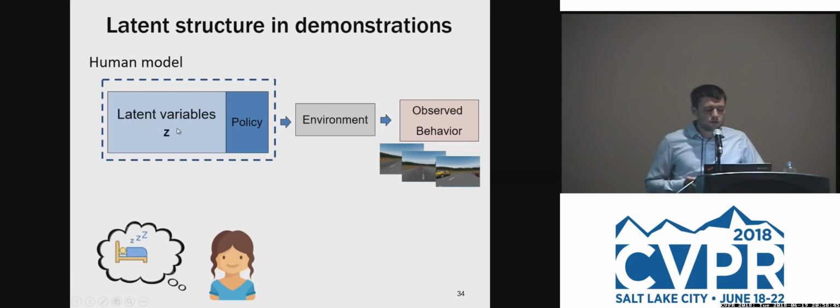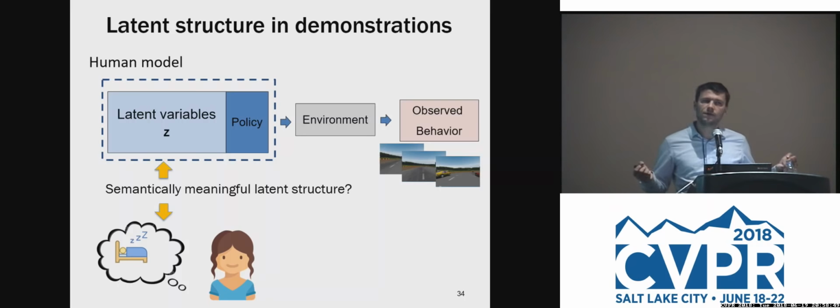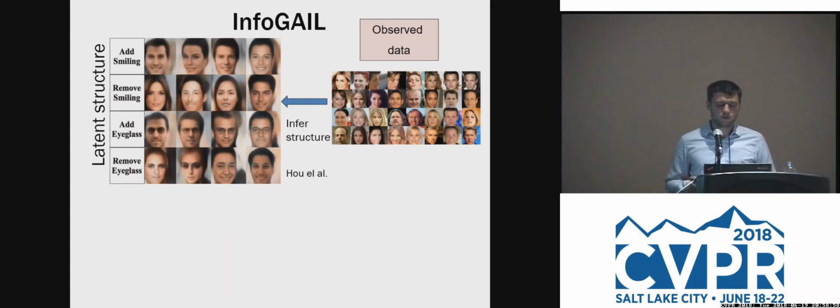So what we can try to do is use the latent variables to identify semantically meaningful latent structure in the data. You've seen in previous talks that this is often possible when you have images.